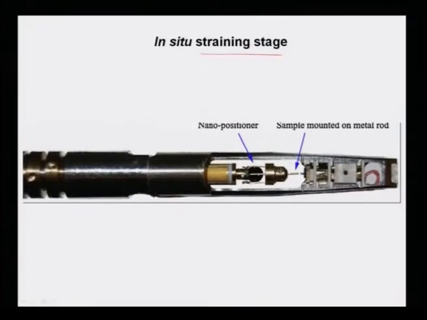What you see is the sample mounting stage, and this is the indenter at this position. Once we mount the sample on this rod, which has to be electron transparent obviously, we apply load to the indenter. The indenter will go and hit the sample, and then we can get information regarding the deformation behavior of the sample.